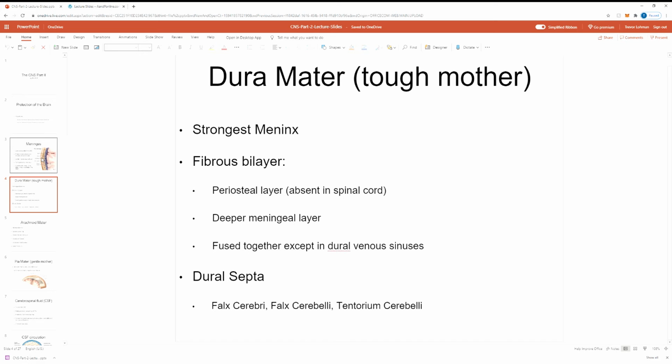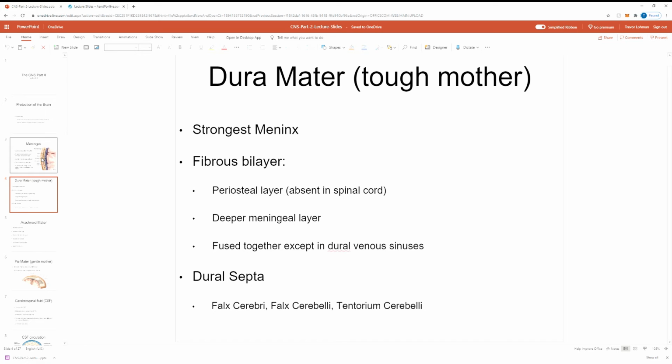It's made up of 2 layers. One layer is fibrous connective tissue, and that's what gives it so much of its strength. Then the deeper layer is a meningeal layer, so it's more cellular. It's not purely fibrous connective tissue like the fibrous layer. This is the only layer present around the spinal cord, actually. In the skull, you have both layers.